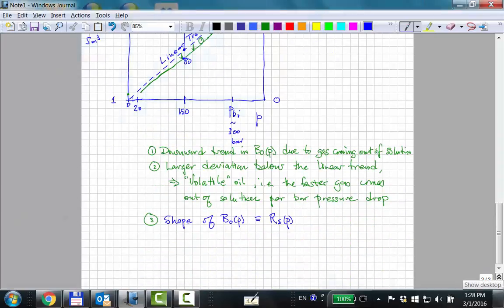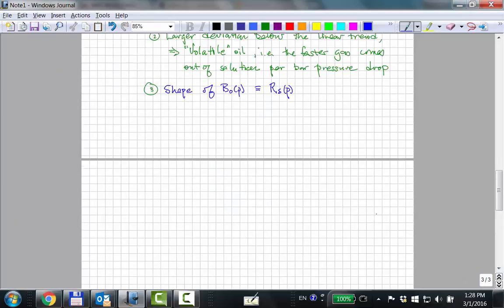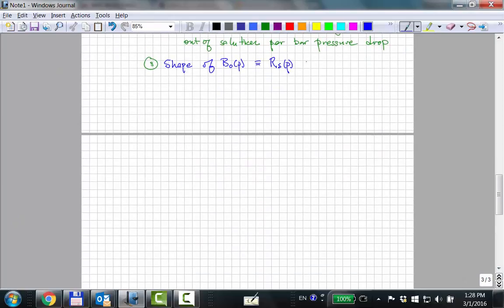And what that results in is a very nice general diagnostic: if you plot RS versus BO, it's going to be a straight line. That's going to be a straight line. I guarantee you.